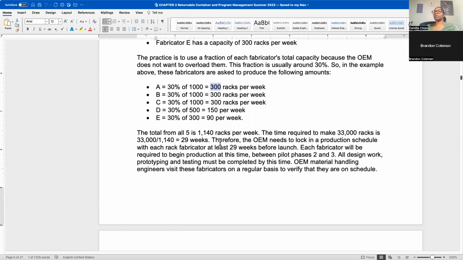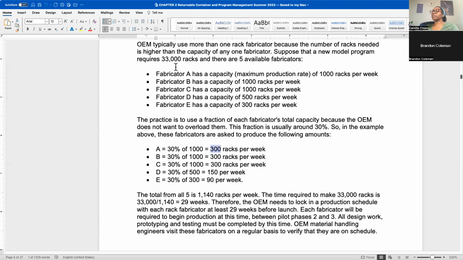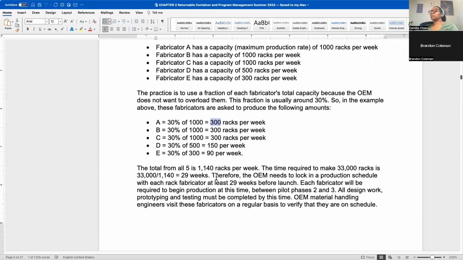So these are some calculations that you want to look at, and it tells you how they get to this. So basically, we know that you're looking at 33,000 racks. And when you take the 30%, you're looking at 1,140 racks per week when you add these all up.